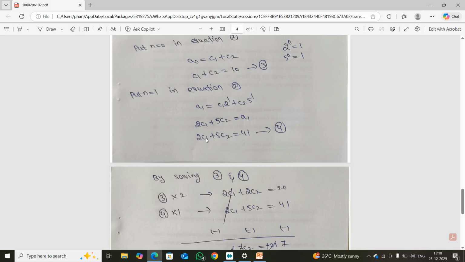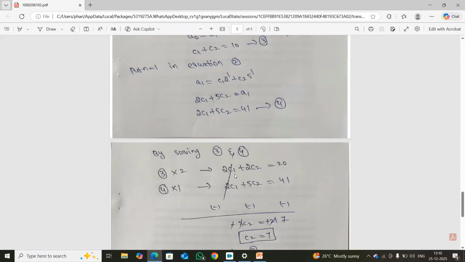Here, equation 3 into 2 gives 2c1 plus 2c2 equal to 20, since 10 into 2 is 20. And another equation is 2c1 plus 5c2 equal to 41.